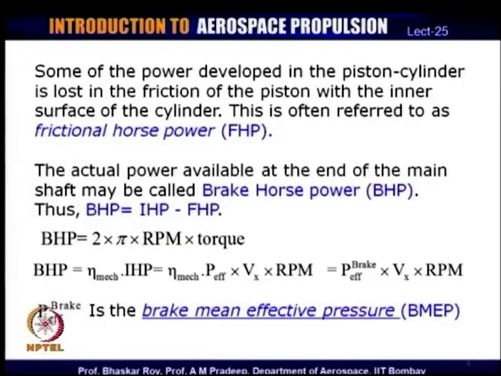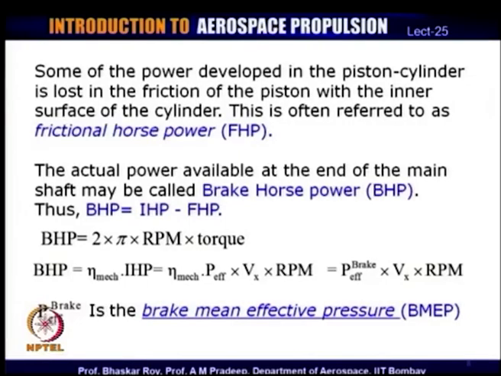Mind you, only one of the strokes is the power stroke, and even during the other strokes this friction is continuously happening, as a result of which a lot of power is lost in overcoming the friction between the piston and the cylinder. This is not a small amount, it is a reasonably good amount, and it needs to be factored into the actual power availability of the engine.